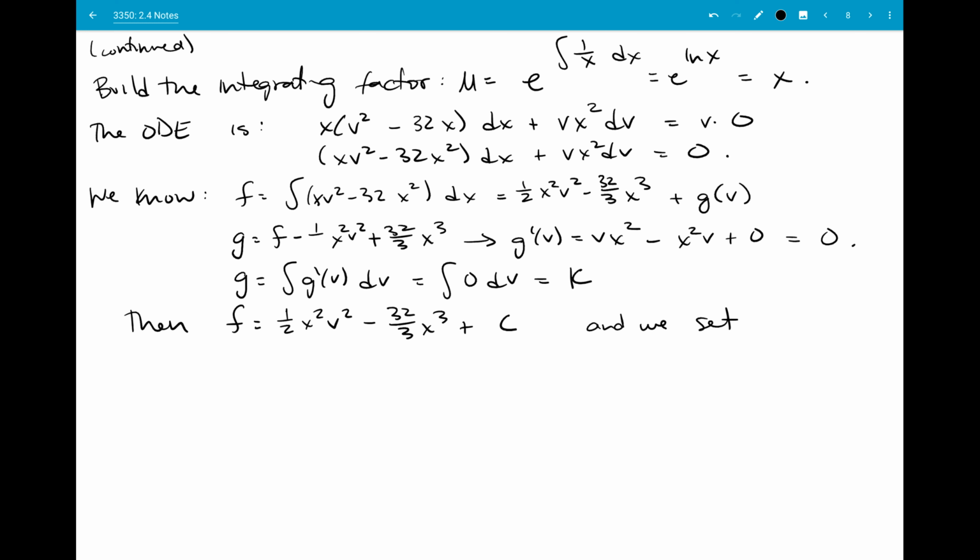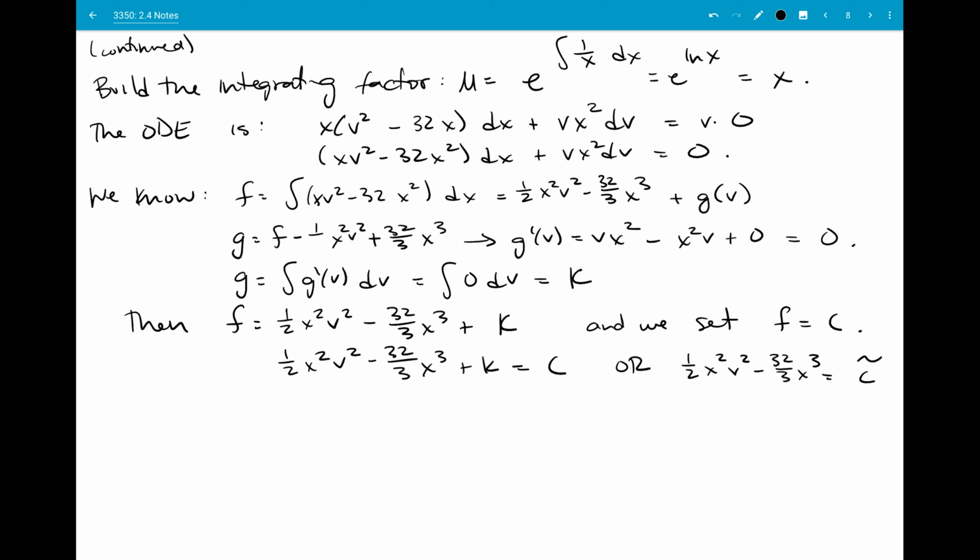I'm actually going to make that first constant k because what we usually do next is we set f equal to c. So 1/2 x squared v squared minus 32 over 3 x cubed plus k is equal to c, or 1/2 x squared v squared minus 32 over 3 x cubed is equal to some other constant c tilde.